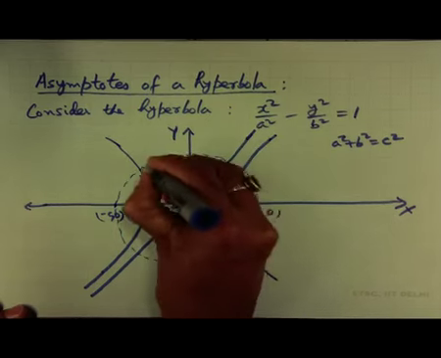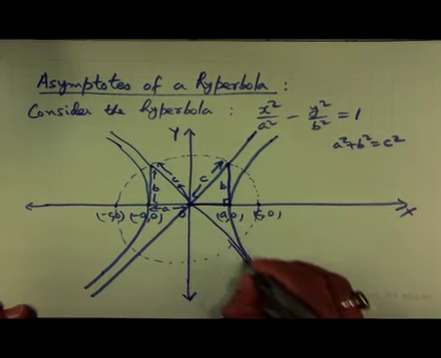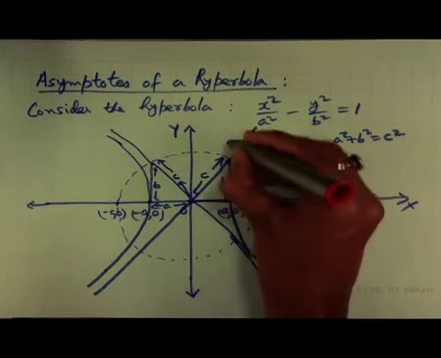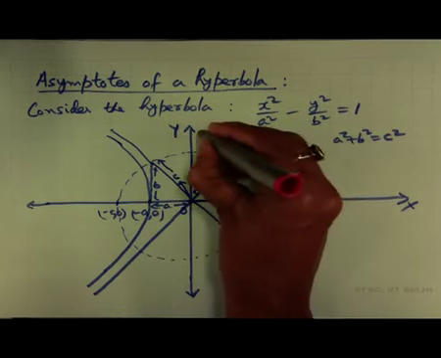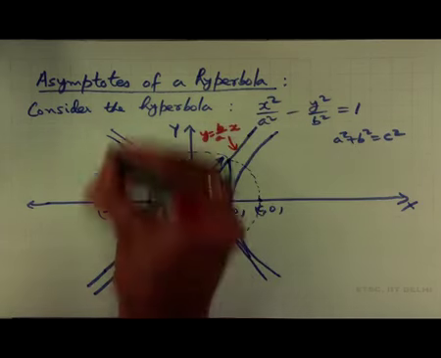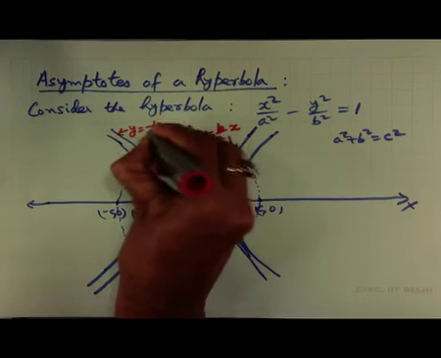So, this straight line has slope minus b by a. So, let me mention this. This is the line y equal to b by a x, and this line is y equal to minus b by a x.